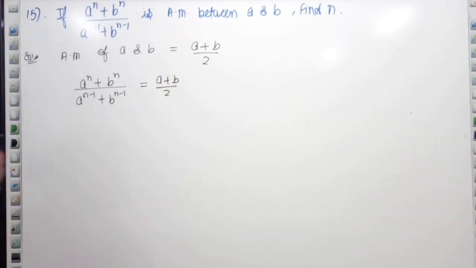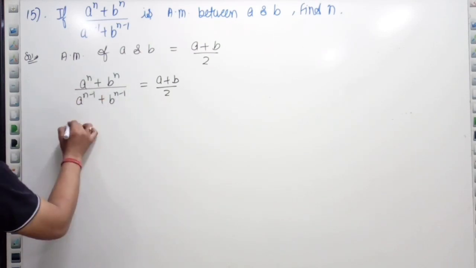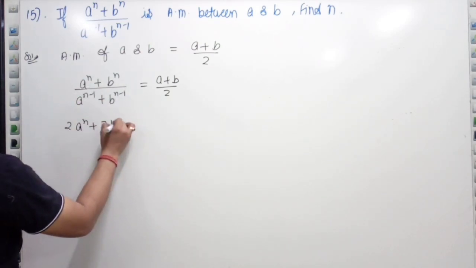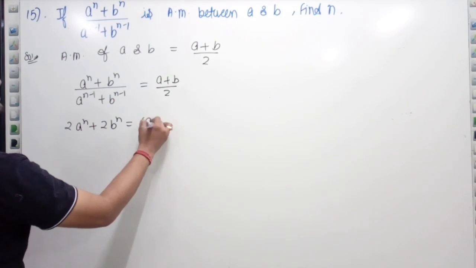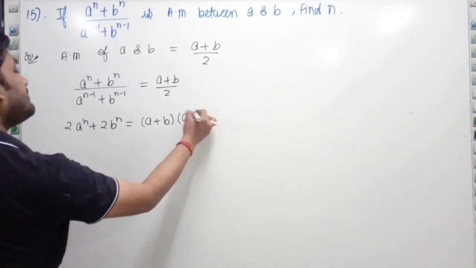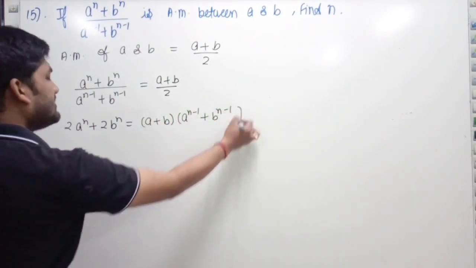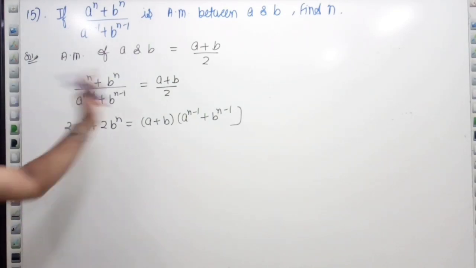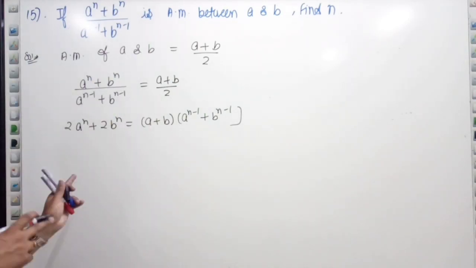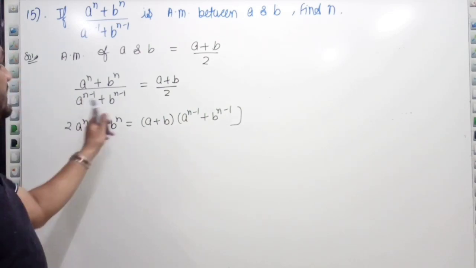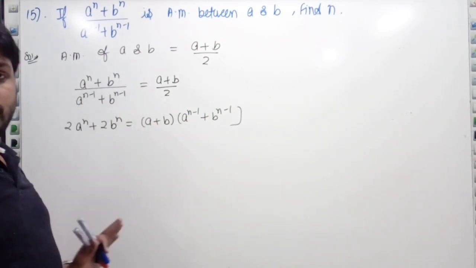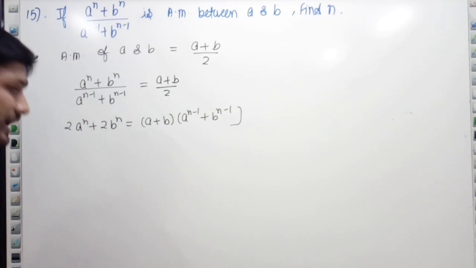What I am doing, I am cross multiplying. इस 2 को लेफ्ट में 2a की पावर n plus 2b की पावर n. This on the right hand side, a plus b, a to the power n minus 1 plus b to the power n minus 1. Sometimes what students used to do, they compare. So we cannot write answer by comparing. If the question is of 1 mark, we can directly compare and write the answer. But right here we will solve the complete part.